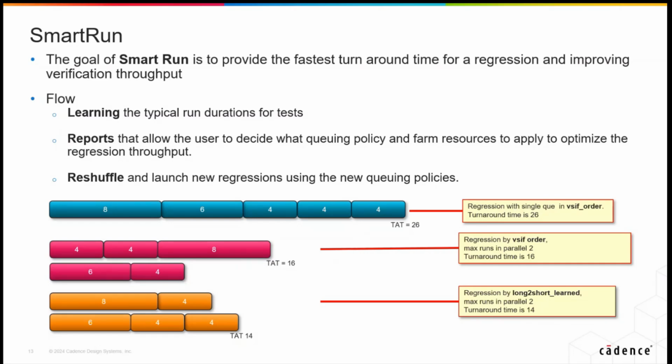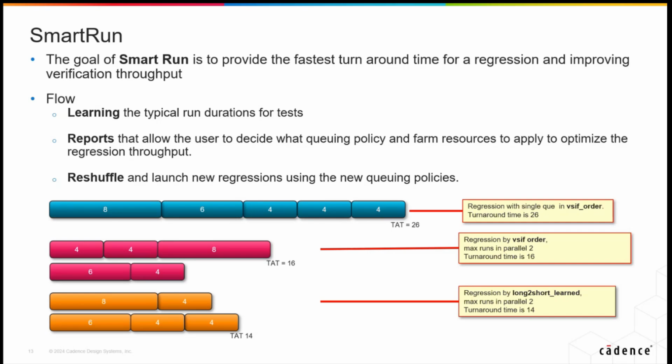What you can imagine this does is you have long pole tests and short tests, and it figures out how to space these so that you get through them as quickly as possible. If all your long pole tests are blocking all your short tests, you're never going to get through it. But if you can space them differently, then you can actually get the kind of throughput that you need.